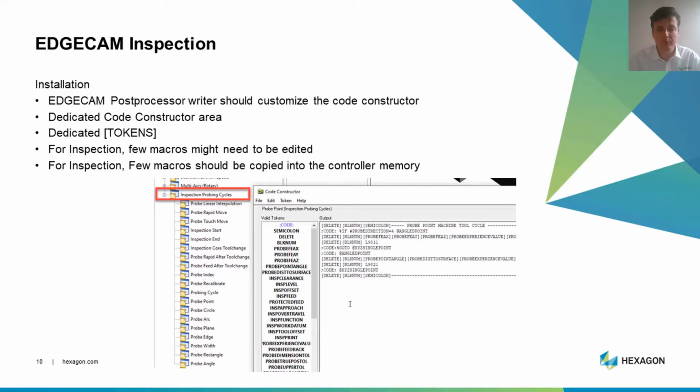For machine tool probing, you have to update your template in the code wizard. Then you have to customize the dedicated area for the different cycles, and then you are good to go. For inspection, you can choose to install your own macros onto the controller, or you can update the dedicated area to use the third-party macros.